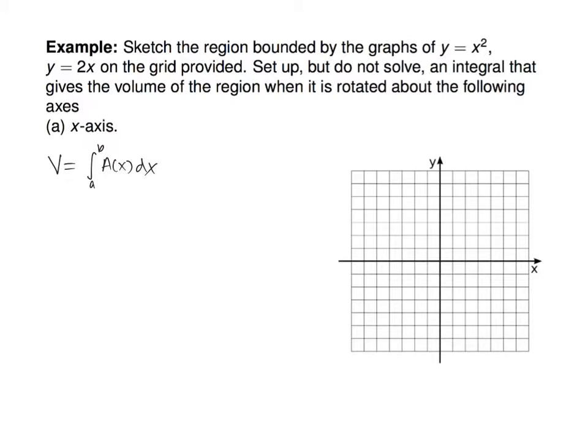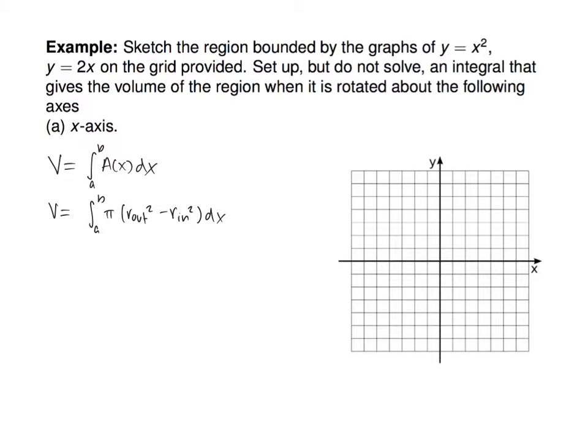What if it's a spinny thing? What are your cross-sections then? The volume will be the integral from A to B, pi times r out squared minus r in squared. If you don't have an r in, that r in is just 0, then it's just pi r squared.